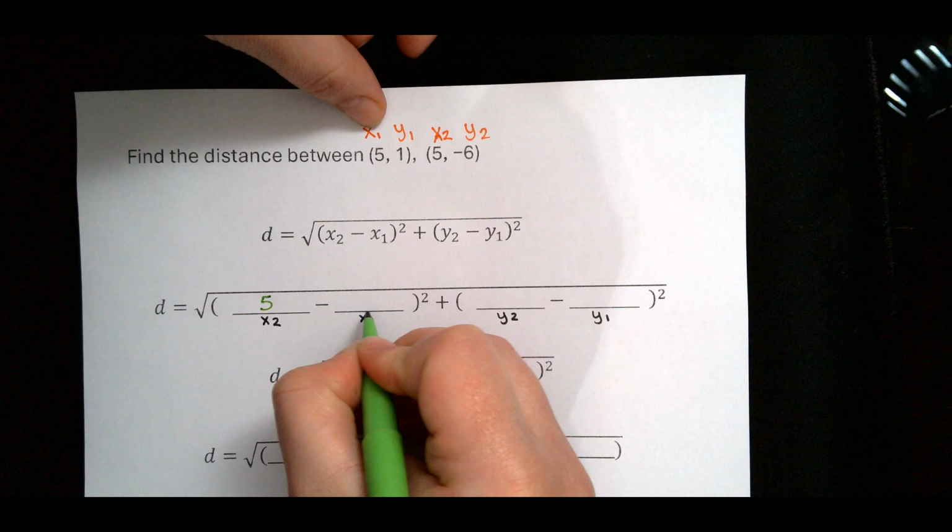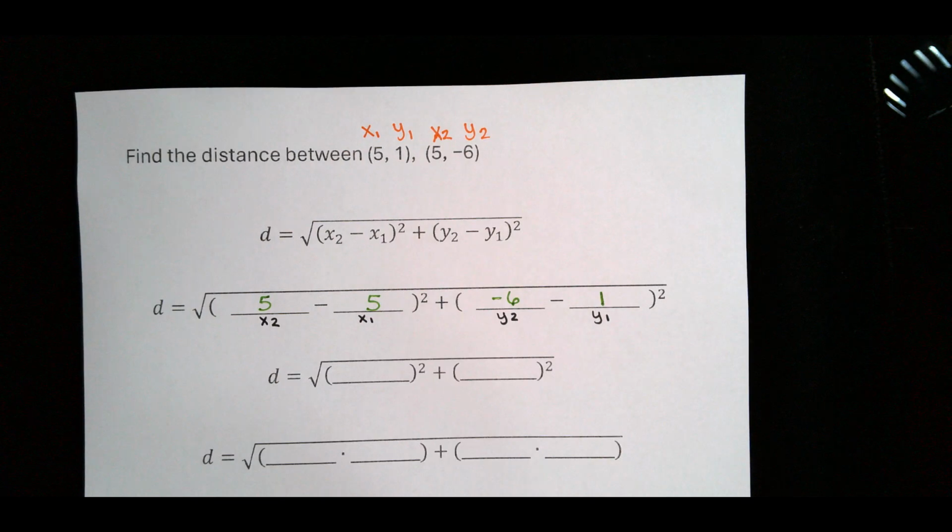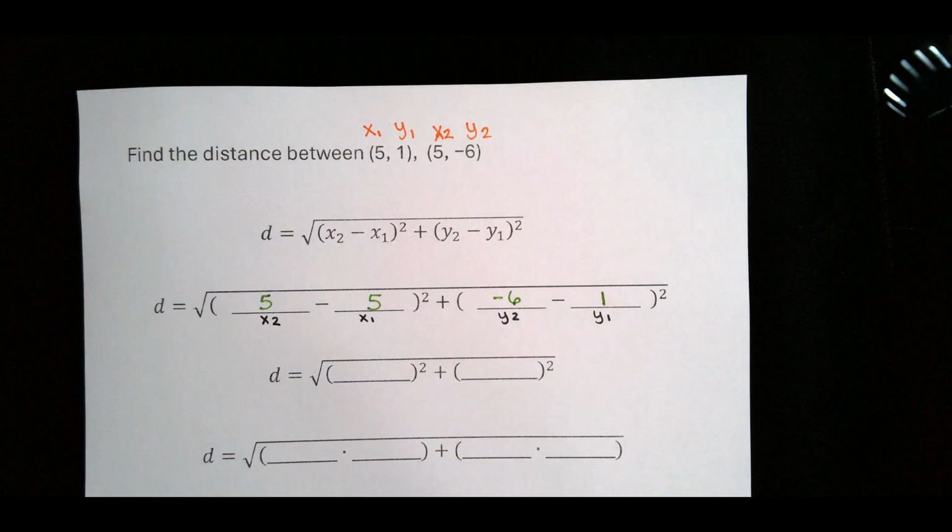x2 was also 5. y2 is -6. y1 is 1. You're going to combine, you're going to subtract here, you're going to subtract here. So we are subtracting 5 minus 5, which is 0.